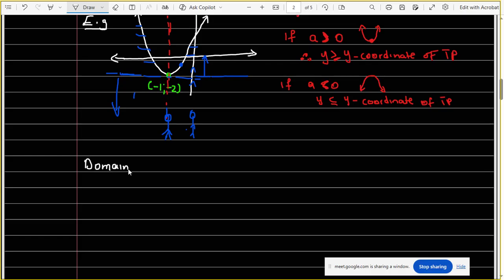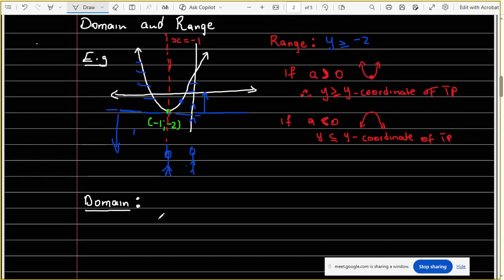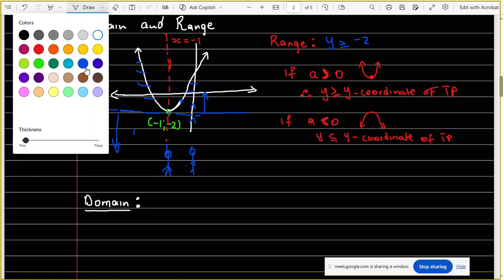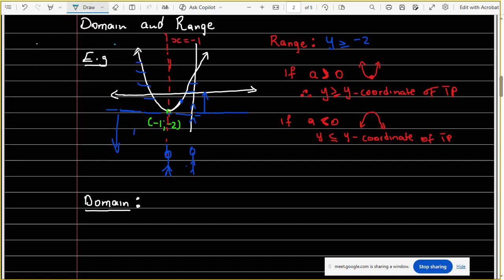Right. Now let's dive into the domain. What will be the domain of this graph? X is an element of, there also -1 until infinity. Nope. Remember, the domain will look at the x values. Which x values does this graph take?